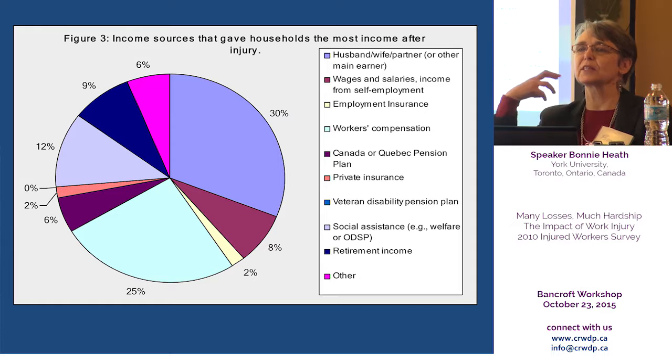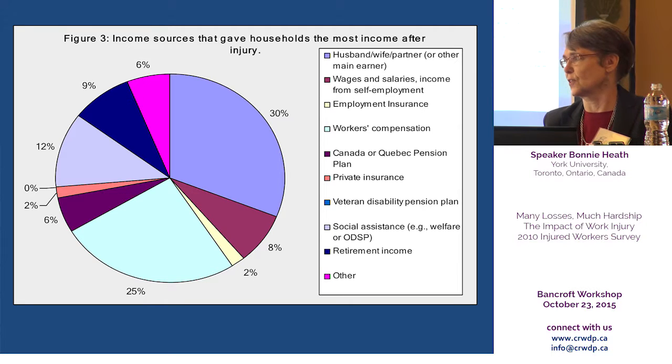Sorry, I didn't explain that. We were asking, what's the highest source of income in your household? I was actually pleased that it was that high, 25%, to be honest, because it should be. We talked a little bit about this last night as well, trying to figure out which benefit programs are doing the heavy lifting, and are they doing the lifting that they should be doing?